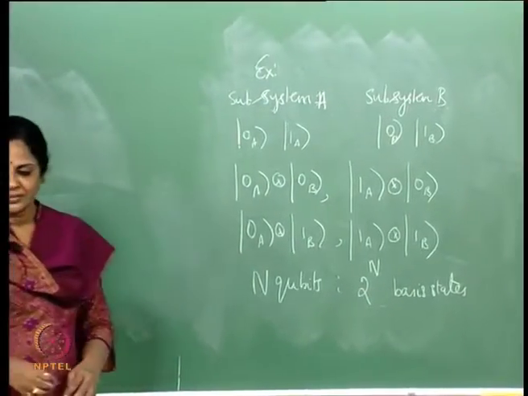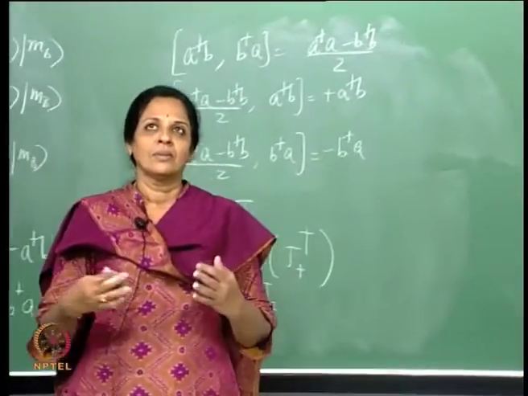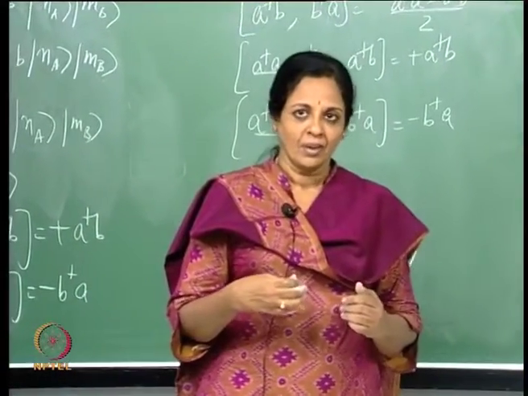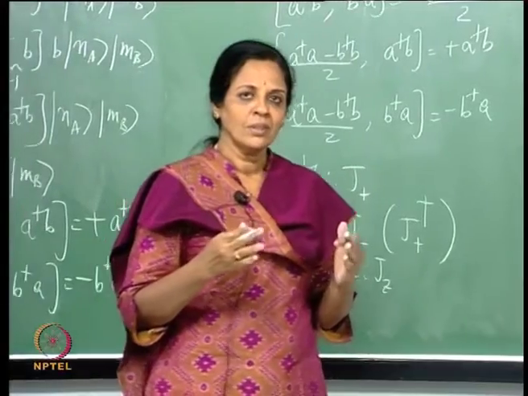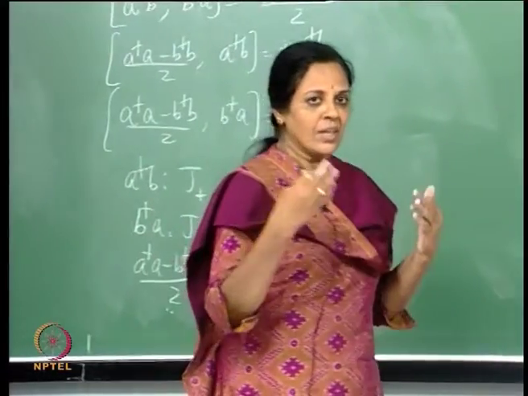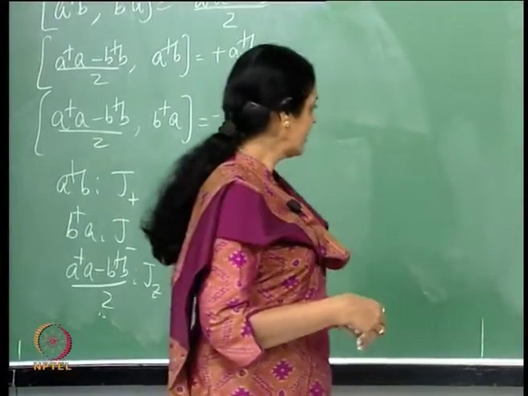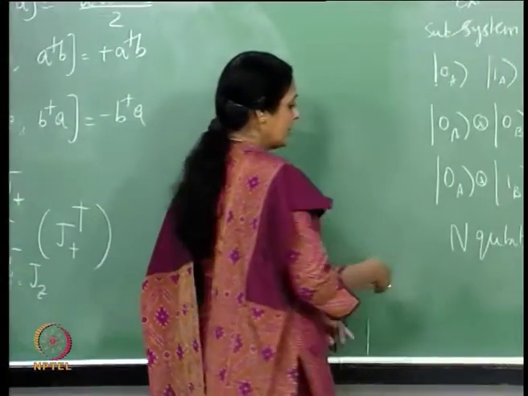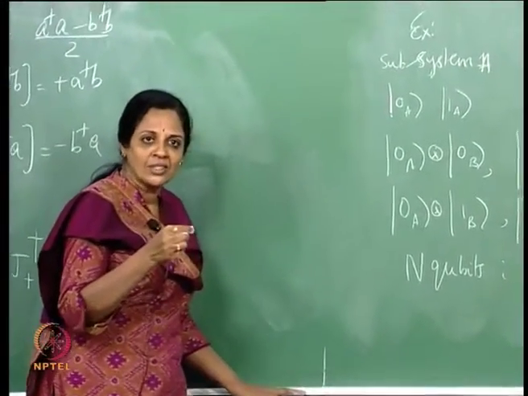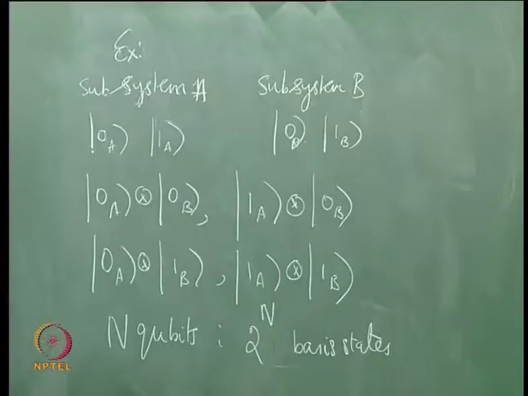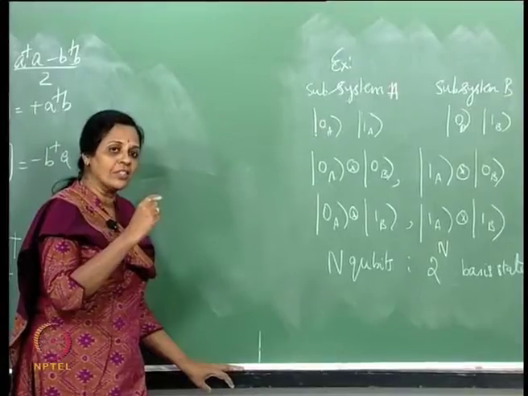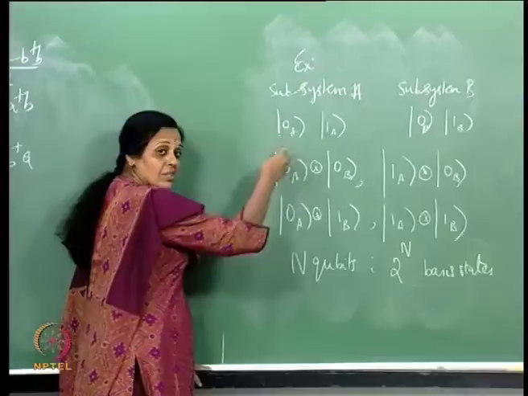Now in general, if I want to deal with a large system, I could take a single system with 2 to the n basis states, n being sufficiently large, or I could work with a set of n qubits, each qubit having a 2-dimensional linear vector space, as in this case.